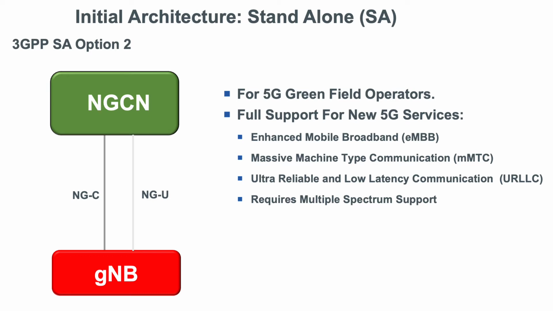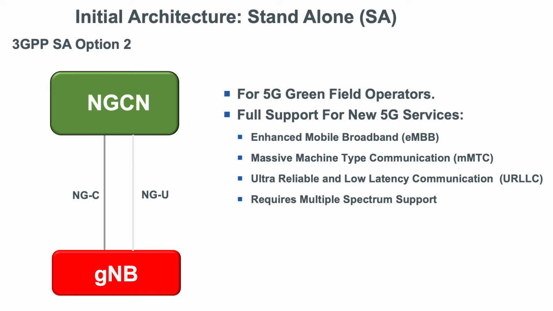So for these greenfield operators, they'll be able to fully support the new 5G services with enhanced mobile broadband, offering you very high speeds, massive machine type communications, up to perhaps 1 million devices per square kilometer, ultra reliable and low latency communication, round trip times to the gNB in the millisecond range.